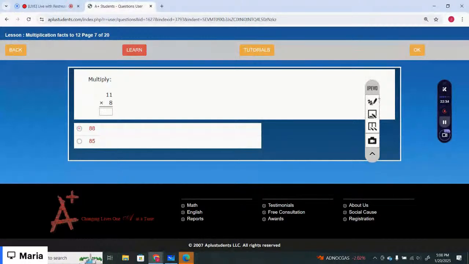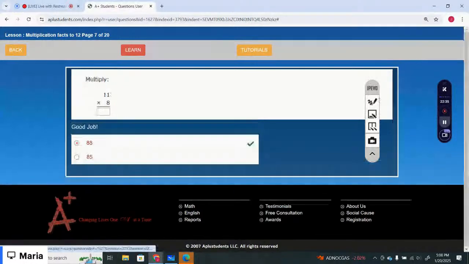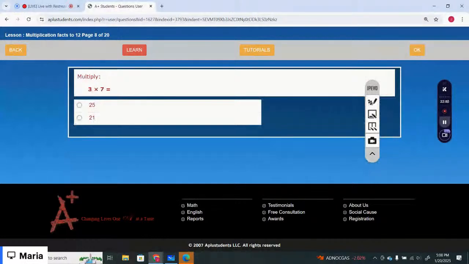Option number 1 is the correct option. 11 times 8 is 88. 7 times 3, which is the correct option? That is 21. Option number 2 is the correct option.